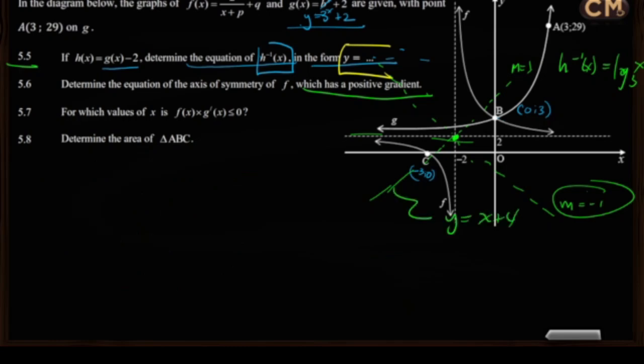Okay, for which values of x is f of x times the derivative of g less than 0. So again, this is a y value we're tracking, f of x, and the derivative of a function is also a function, but we just have to be careful about it. So let's tackle that first. What is the derivative of g? Well, we don't need to know.